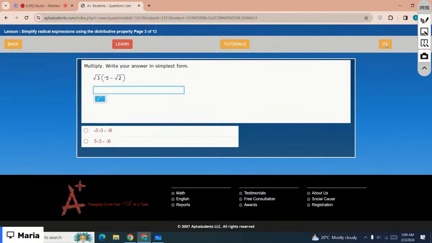The next one is multiply square root 3 times negative 5 minus square root 2. So which is the correct option?